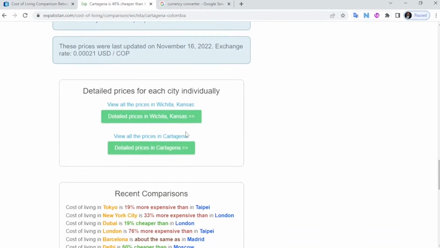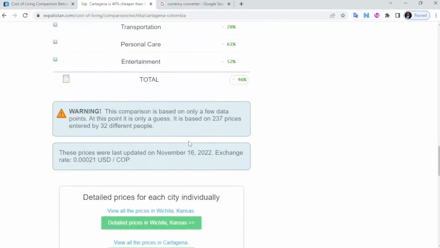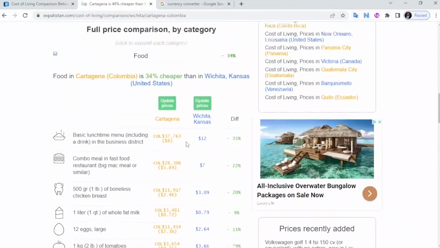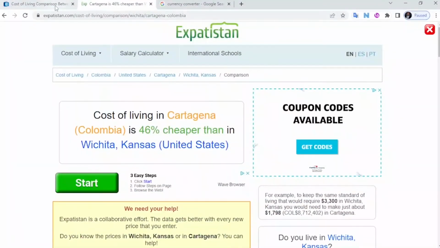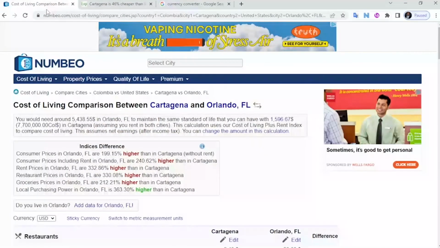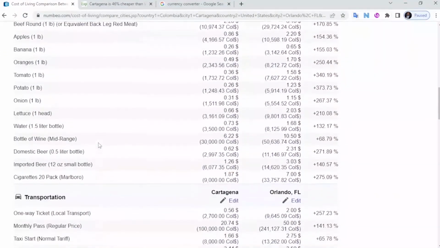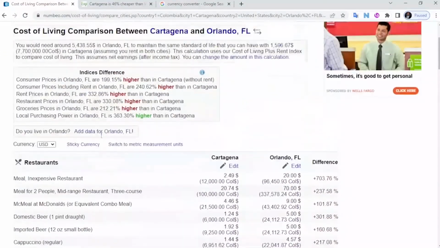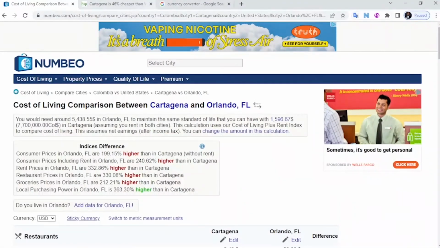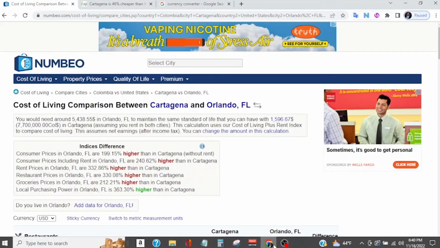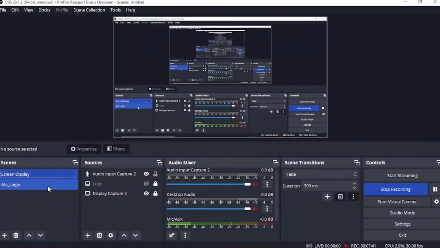But I'm more of a fan of the previous site as far as getting an idea right away of what the information is. So that's it right there. Let me go ahead and bring it back here. And that's pretty much it.